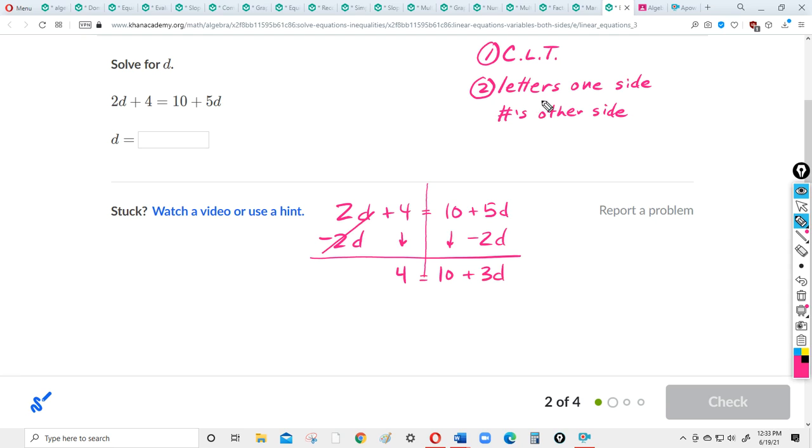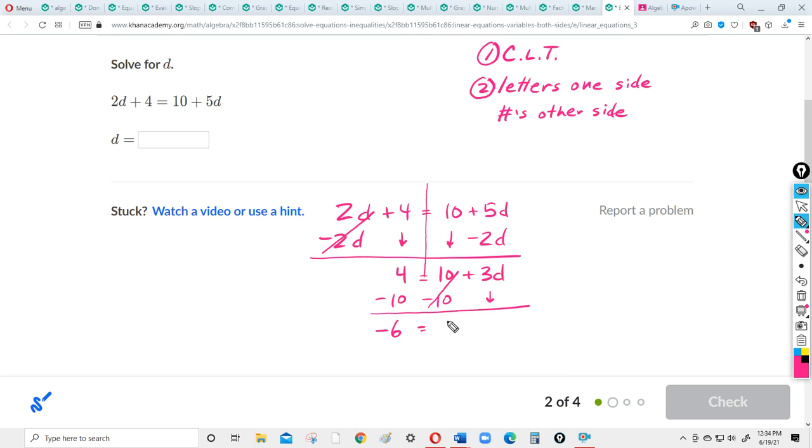Again, we want letters on one side and numbers on the other side. So here I have positive 10. I'm going to do a negative 10 on both sides. 4 minus 10 is negative 6. If you can't do it in your head, use your calculator. Bring down your equal sign. 10 minus 10 cancels.